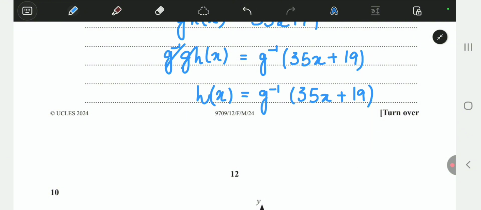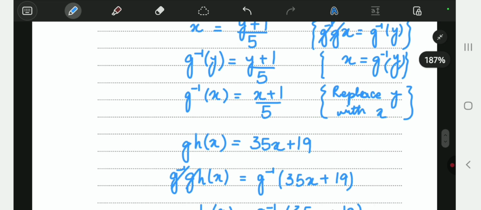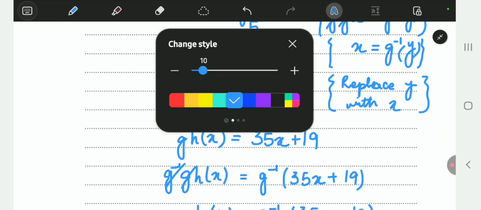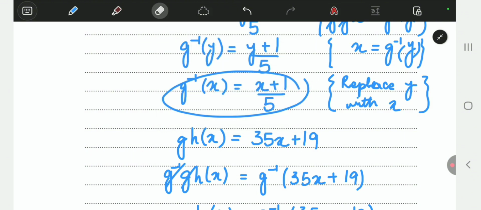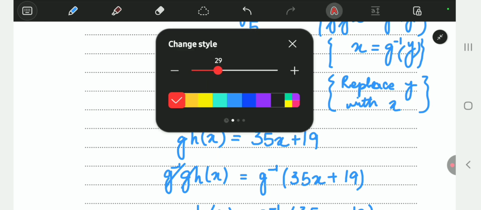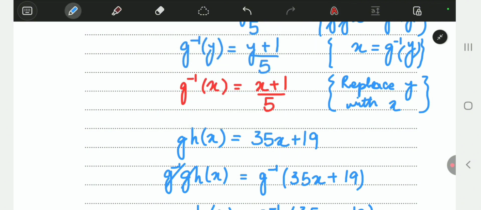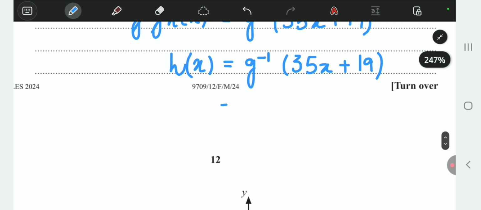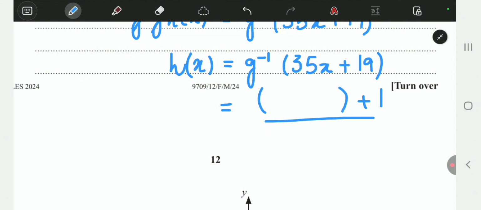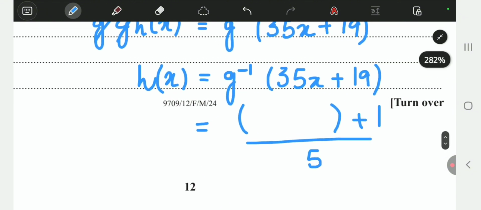So what we find out to be g inverse of x is x plus 1 over 5. This is your g inverse, and you will substitute in it whatever value you need to find.